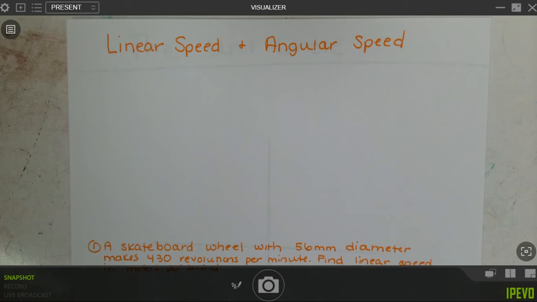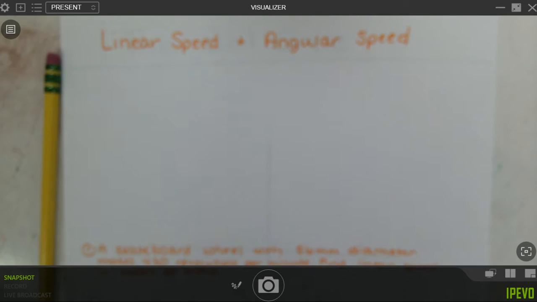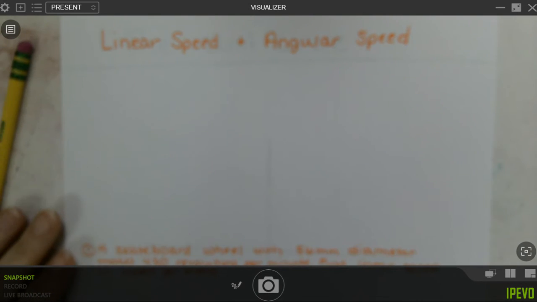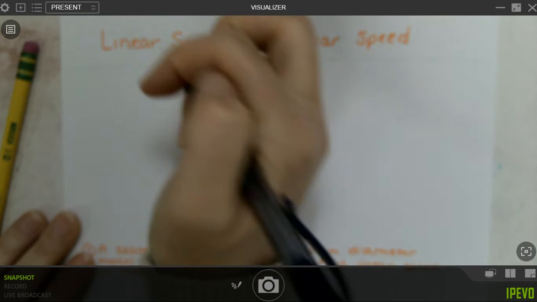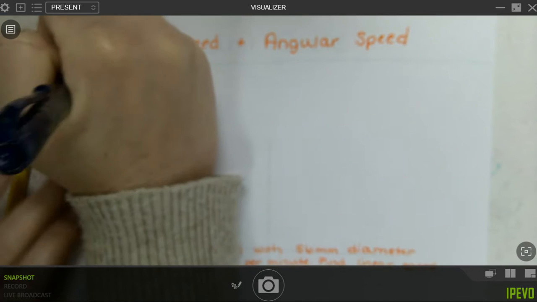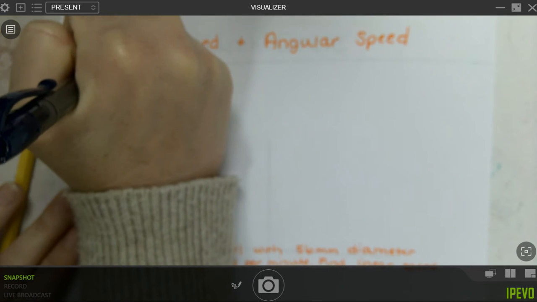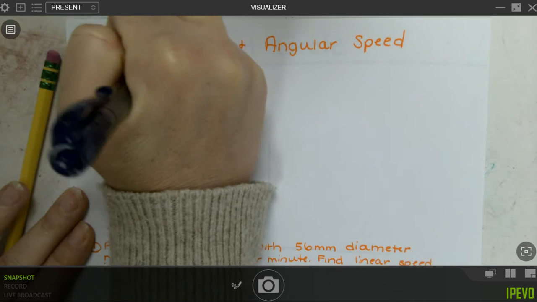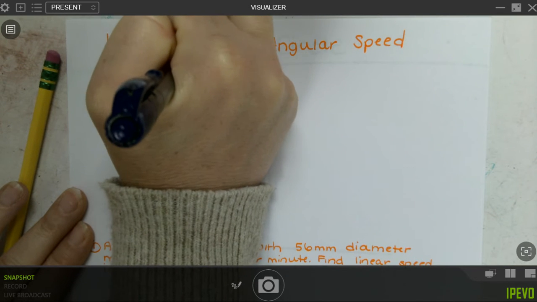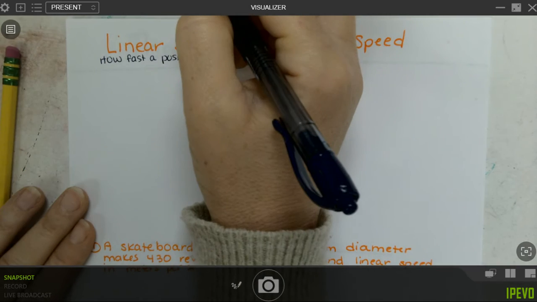All right, so today we're going to talk about linear and angular speed and how to do it, basically. Linear speed is how fast a position along the circumference is changing.